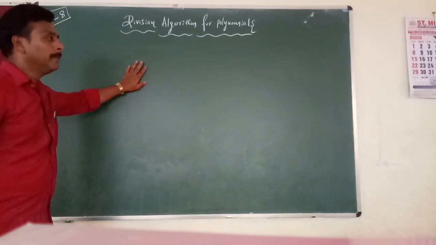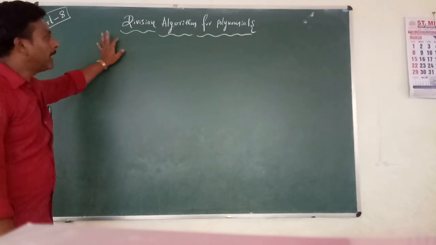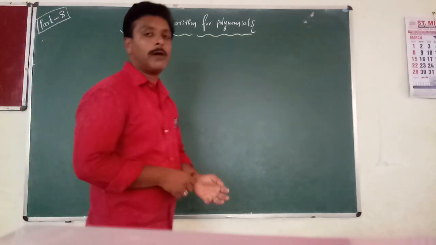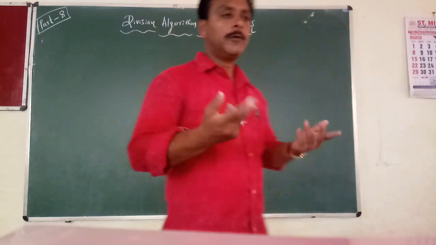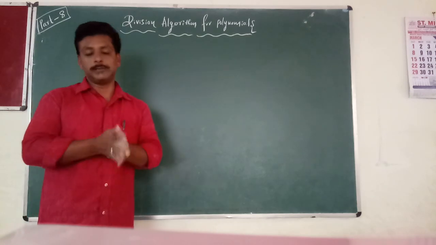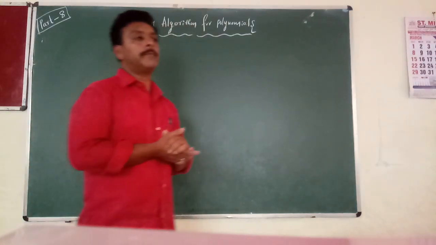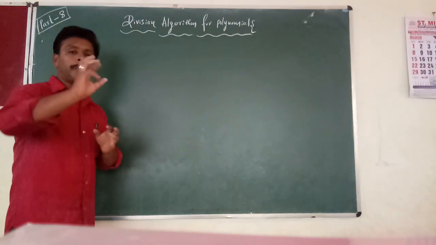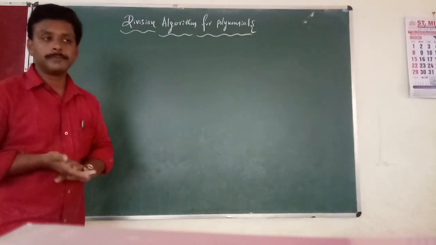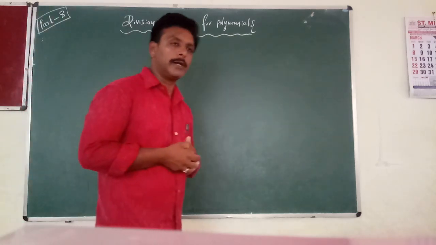So be careful. Let me explain the brief theory about this because by reading this heading you may have lots of questions in your mind. What is this division algorithm for polynomial? What is this? Let me clear that. This is nothing but division of one polynomial by another polynomial. Division means, all of you know, in number system you already studied.